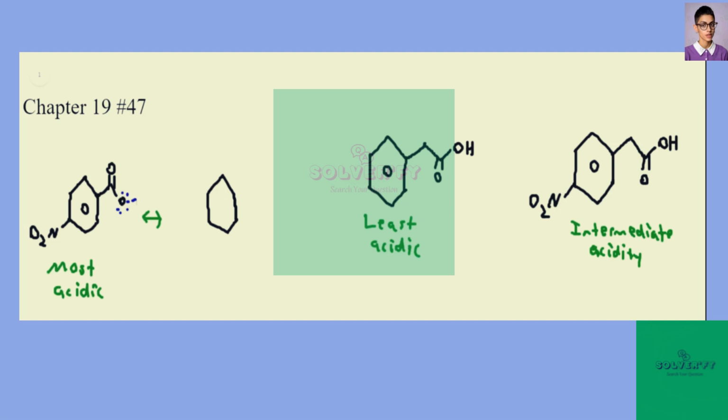We would obviously have to move through some resonance structures in between, but there is a potential resonance structure where we have our carboxylate ion here.